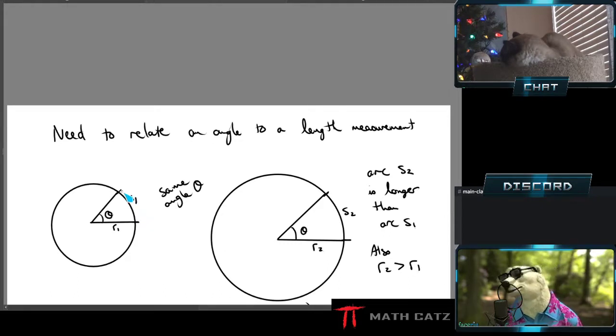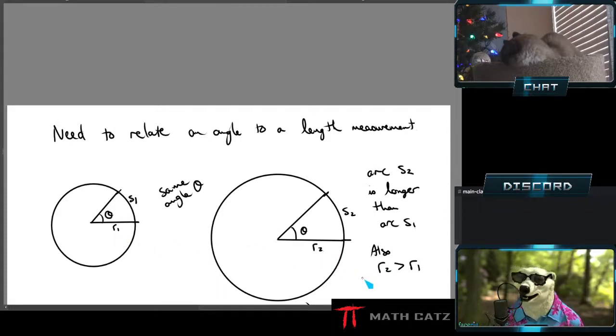But the distance that I travel is related to the angle. No doubt about that. If I make the angle bigger, I'm going to travel a longer distance along the circle, for sure. But now I'm keeping the angle the same. My circle is bigger. Even though the angle is the same, I'm traveling a longer distance. This S2 length, this arc, is longer than the arc S1, even though the angle is the same, because I've expanded the circle and the radius R2 is also bigger than radius R1.